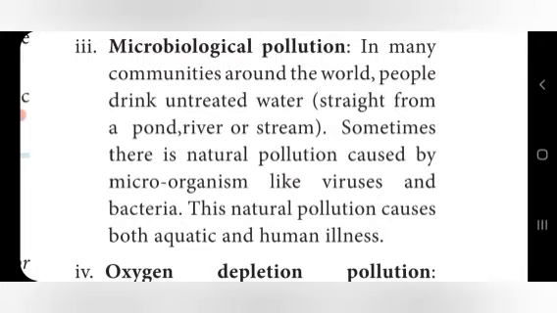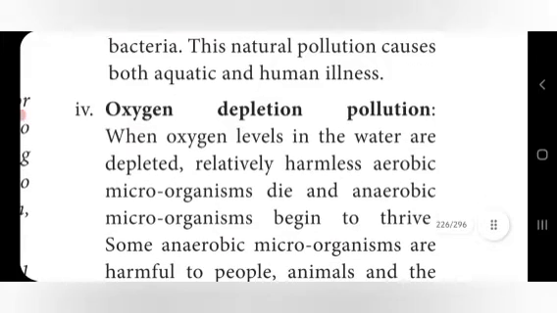Aquatic illness means the fish and marine species will be spoiled, and human ill health will also occur because they are using untreated water. So the microbiological pollution will happen.